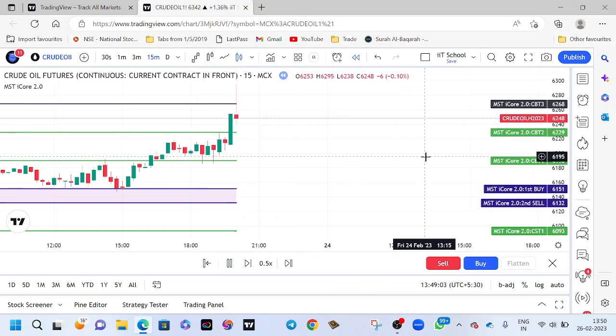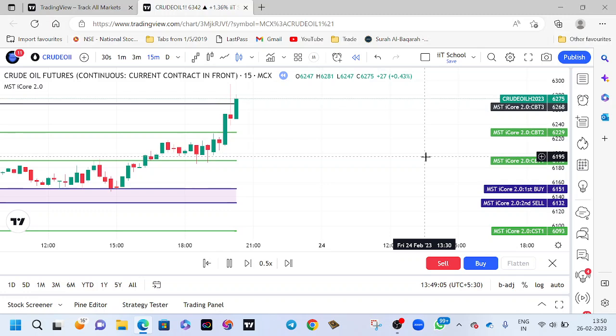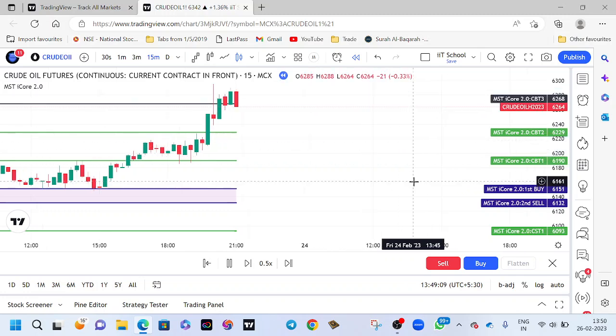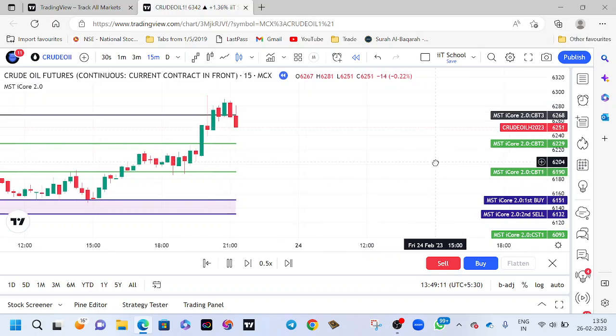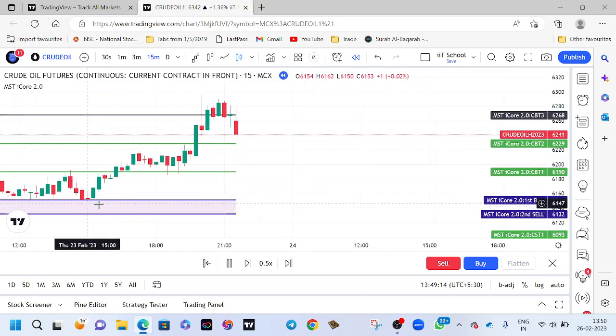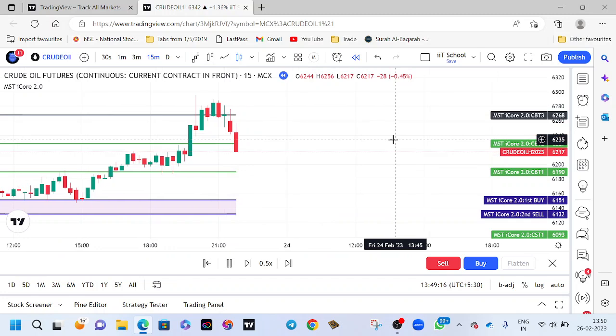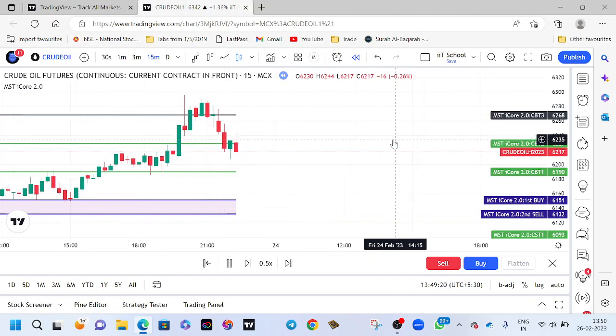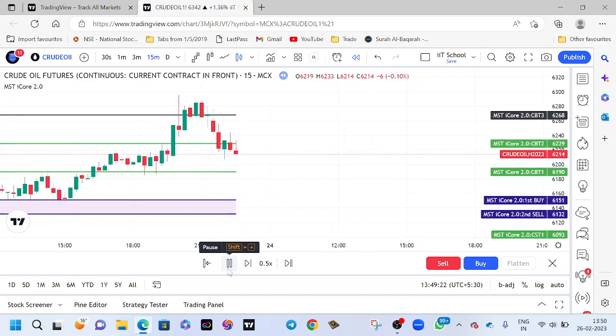See, again in 1:2 also, all the three targets have been achieved from 6151 to 6268, but our stop loss is very small. See, 6151 to 6132, only a 19 point stop loss we had kept, but all the targets have been achieved.